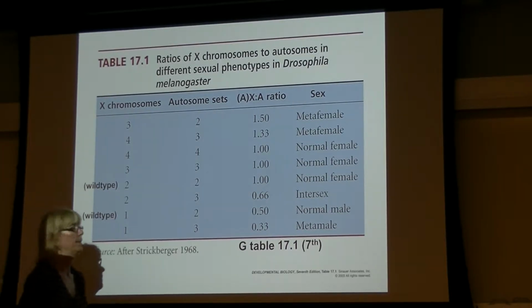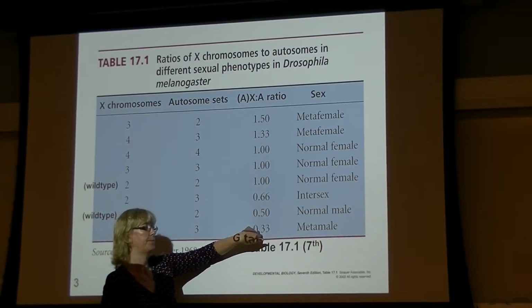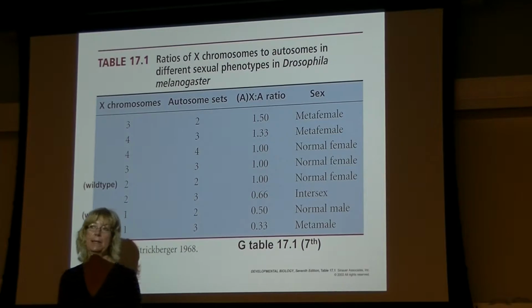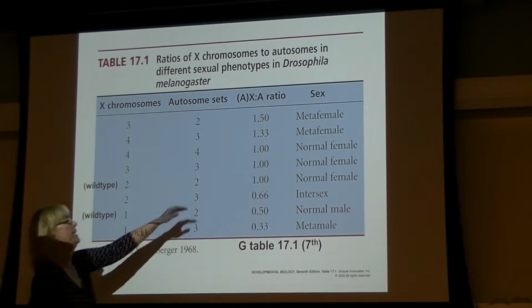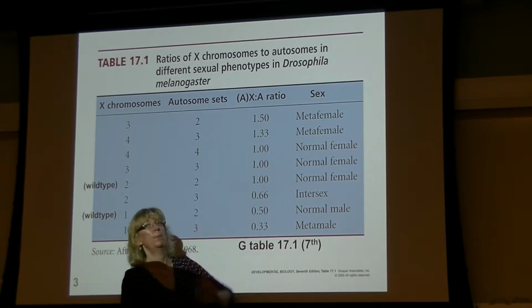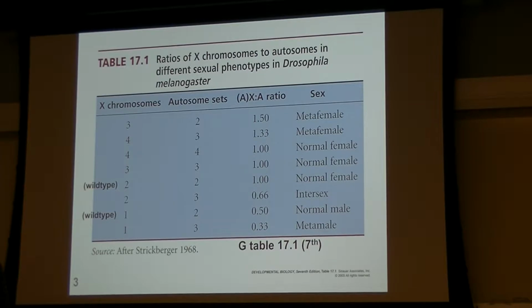And it holds up. So what we see is if we get a ratio less than 0.5, we still develop as a male. It's called a metamale, and these are sterile. If we develop with more than a 1.0 ratio, these develop as a metafemale. They're also sterile.